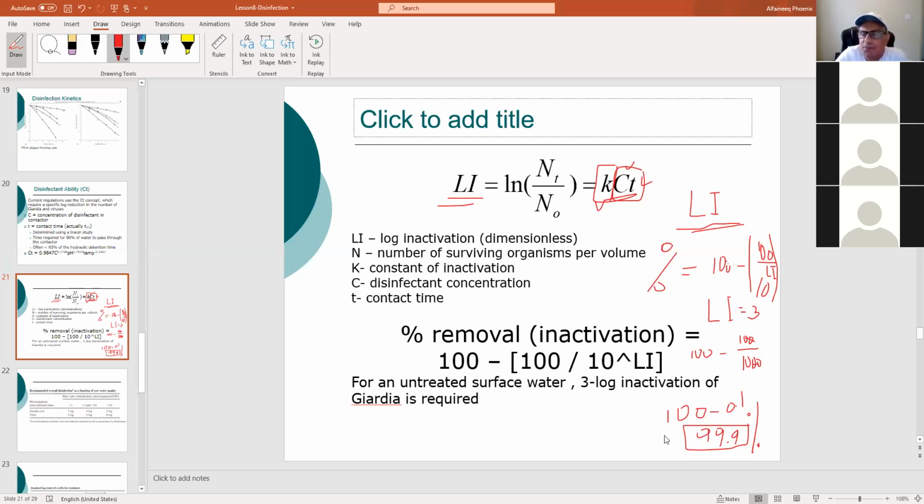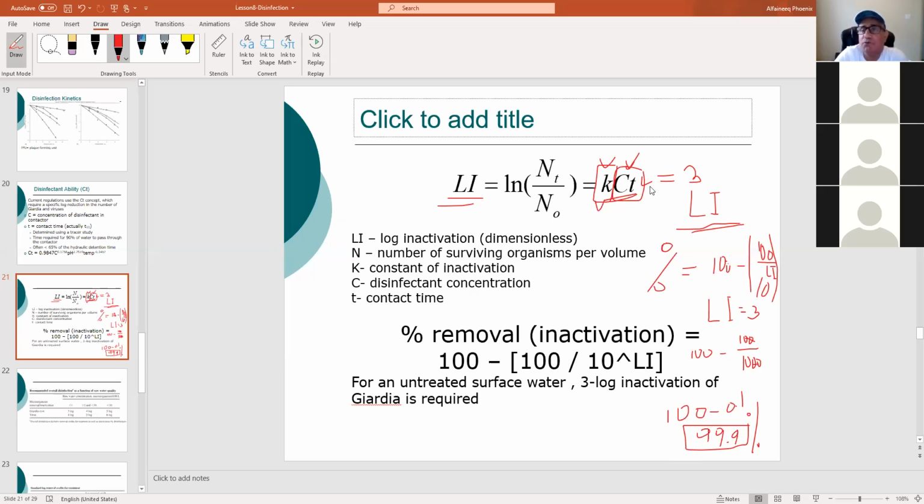And this is actually mostly what you see around with disinfectants. It looks like they use log 3. What does it mean that they use log 3? This equals 3, right? So it looks like they have some kind of concentration and inactivation constant. When they sell you something, it has some concentration.